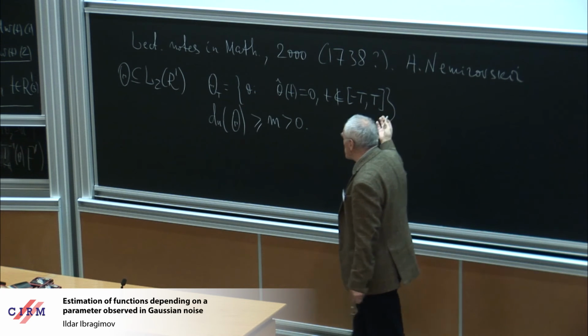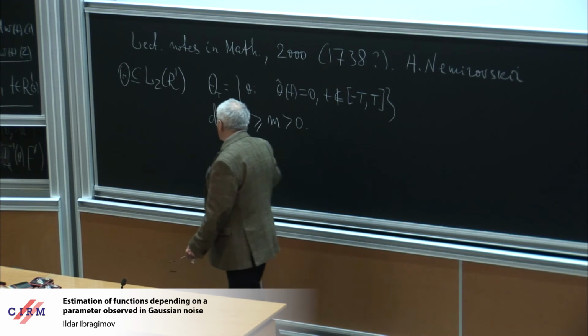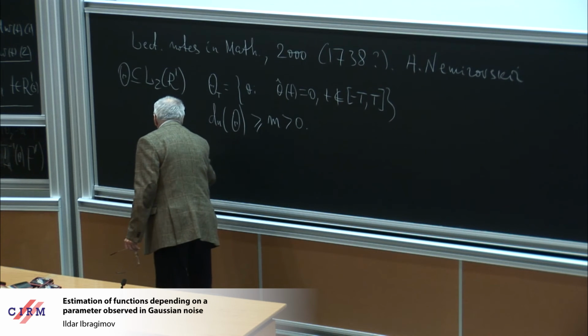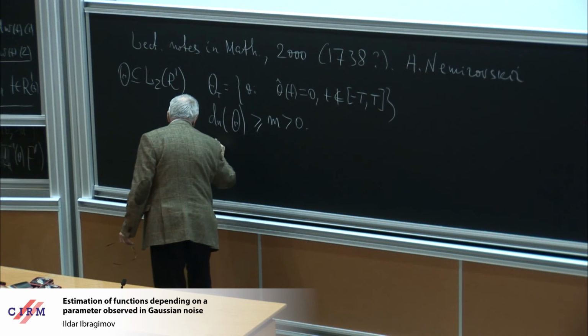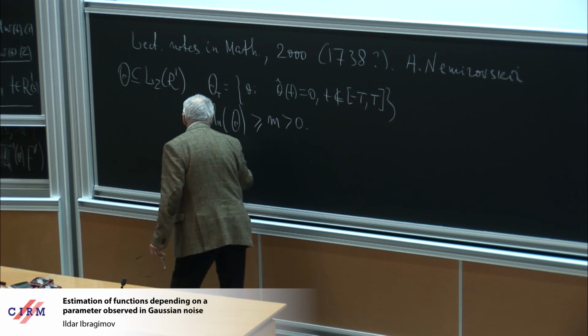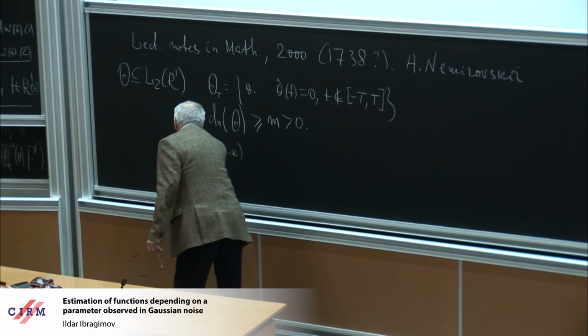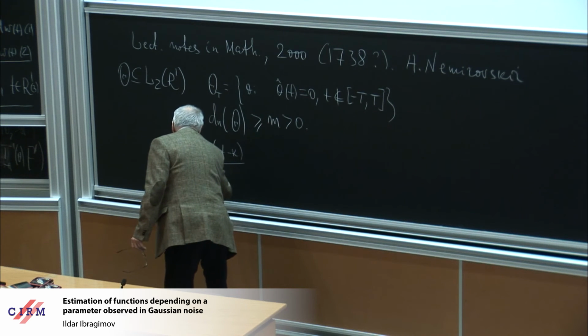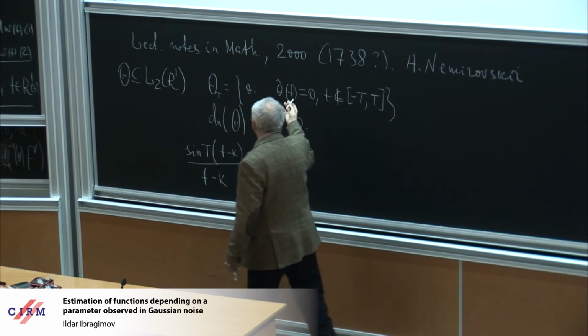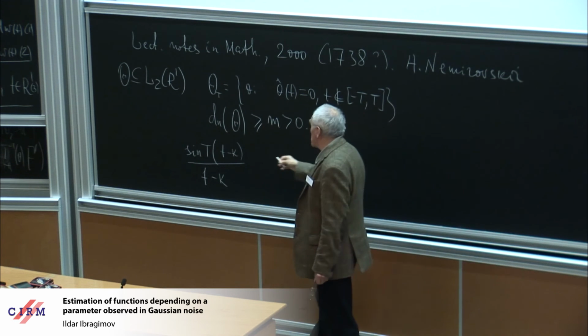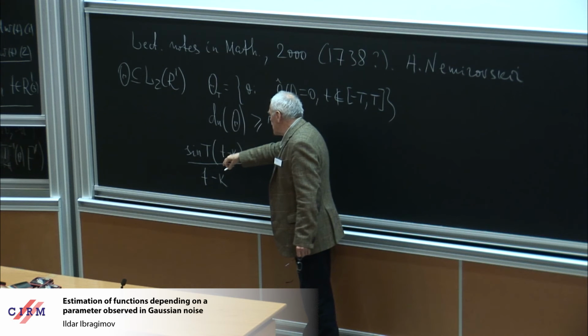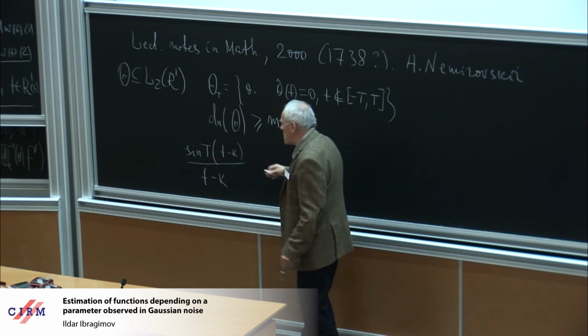To show it, it is enough to notice that all the functions of the type sine t, they all belong to this subspace, and you have an infinite number of such functions which are orthogonal.